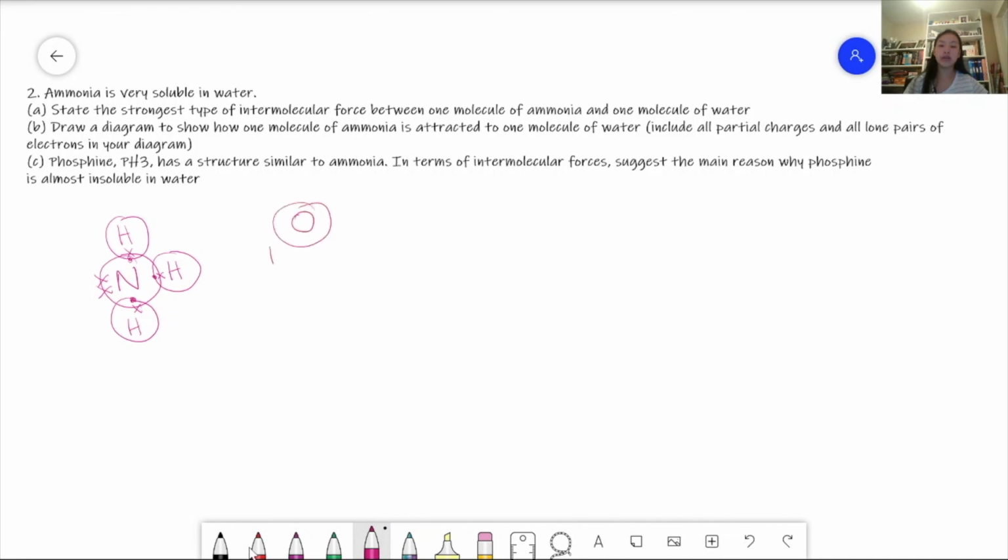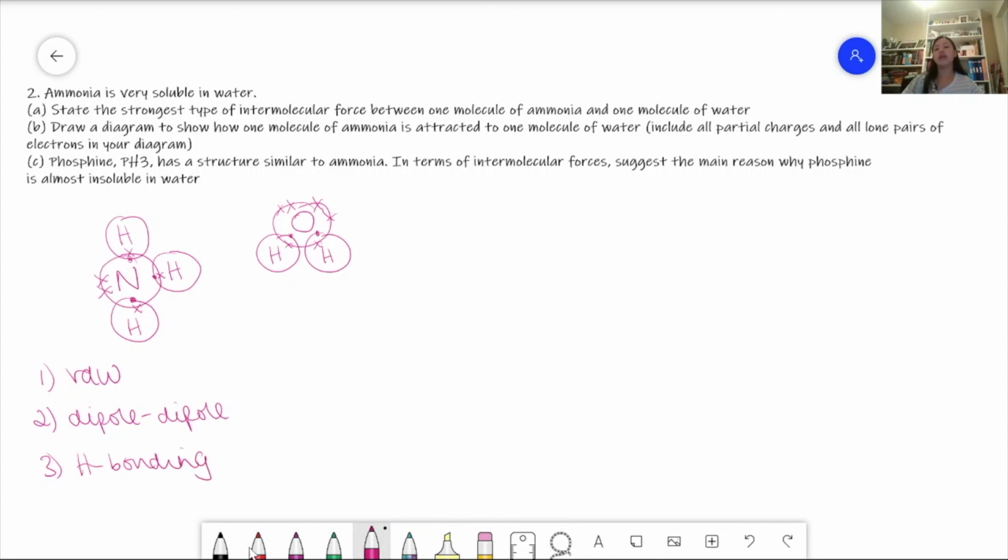So the water looks like this. And now we have a look at the intermolecular forces. So the 3 intermolecular forces are either van der Waals, dipole-dipole, or hydrogen bonding.